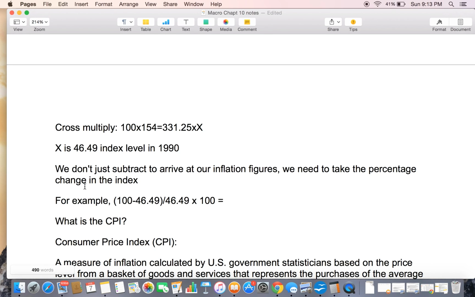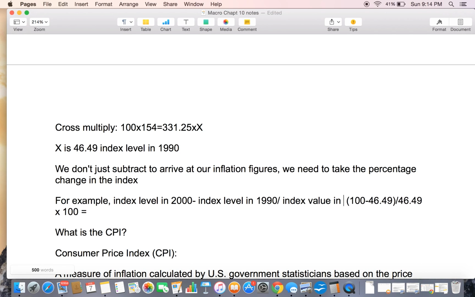We're not just going to subtract this from the index level, so we have index level in 2000 minus index level in 1990. We have to then divide by that original index value to get the percentage change in the index. If we subtract, we're not going to be correct. And then we multiply it by 100 to come up with the percentage change.